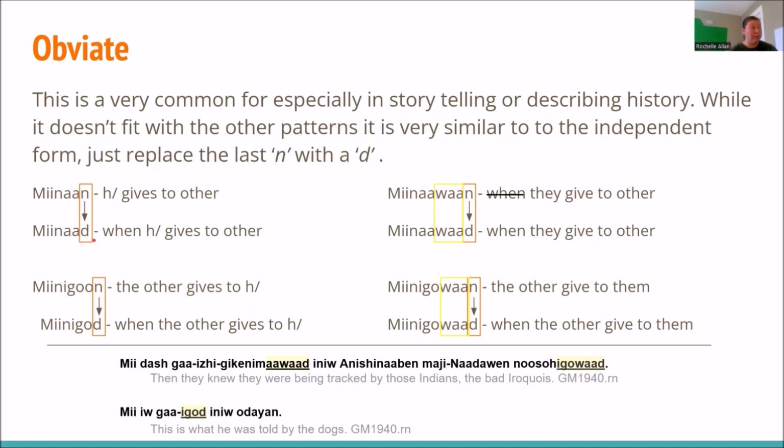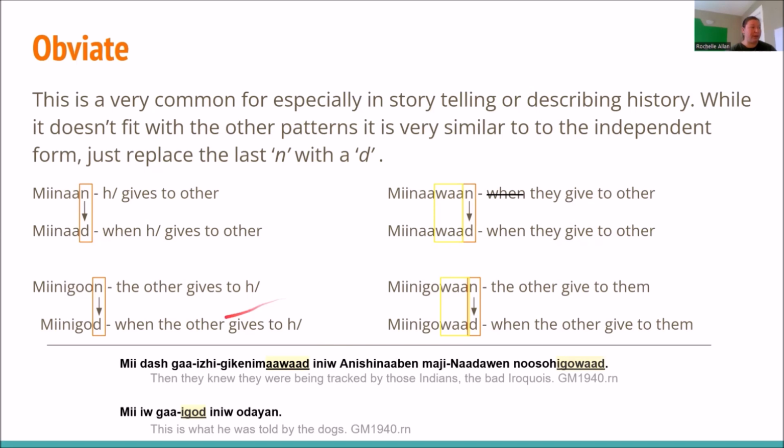And so for the plural, we see our same thing happening. The wa here is pluralizing the third person. So if it's they are giving it to another person or others, we're having minwad, minwad. And really what's happening is this N is becoming a D. So if you have your independent forms, it's not too tricky.